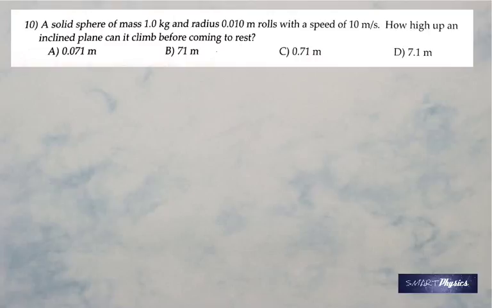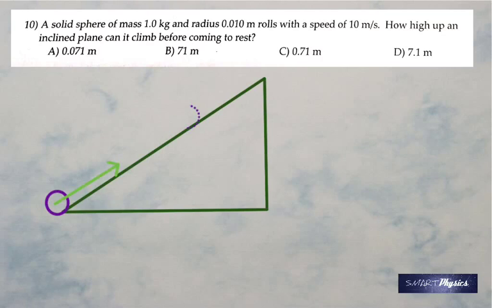And in this question, a solid sphere of mass 1 kilogram and radius 0.01 meter rolls with a speed of 10 meter per second. It is rolling, and how high up an inclined plane can it climb before coming to rest? This is the sphere trying to roll up, and assume that it reaches till here.